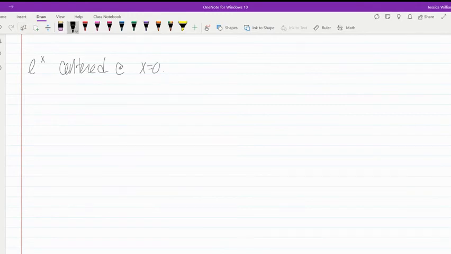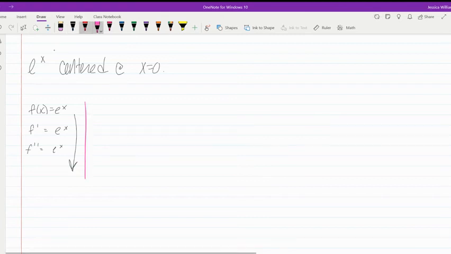The reason this one's really quick to do is because when I start listing derivatives, my function is e to the x, and it's just e to the x all the way down. So when I start evaluating them at x equals 0, it's just 1 all the way down.